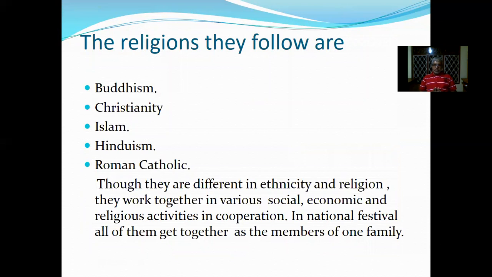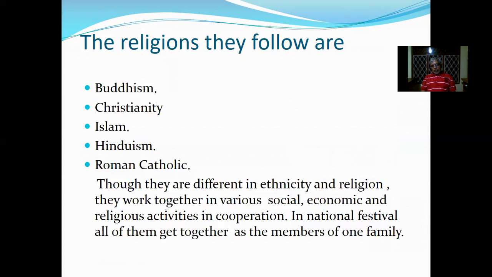Buddhism is followed by Sinhalese. Christianity is also mainly followed by Sinhalese, and Tamils also. Then some Burgher and Malay communities follow Christianity. Islam is mainly followed by Muslims. Hinduism is mainly followed by Tamils. And Roman Catholicism is also followed by Sinhalese and Tamils.